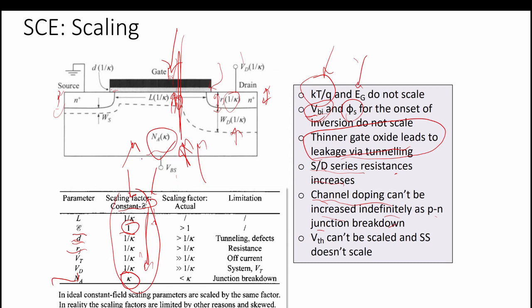Channel doping can't be increased indefinitely because of p-n junction breakdown. This is the channel doping, this is p. VTH can't be scaled, and subthreshold swing doesn't scale.